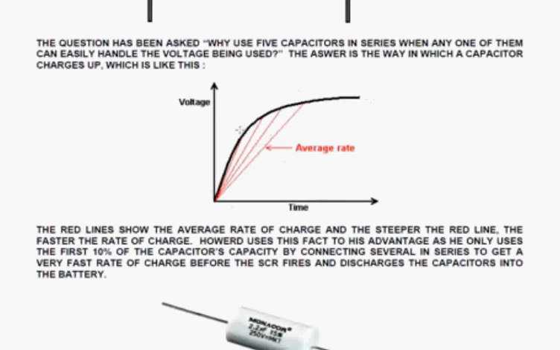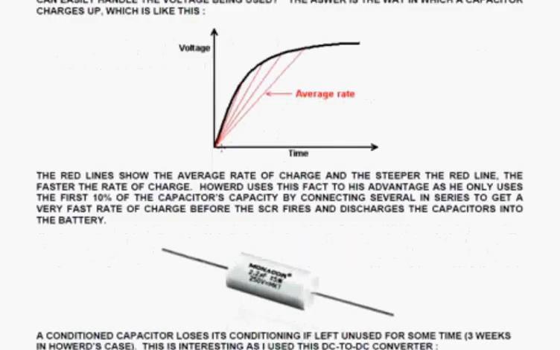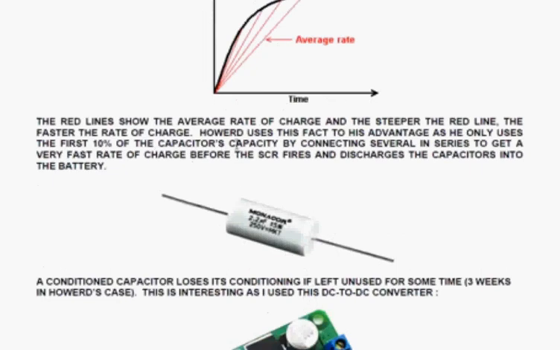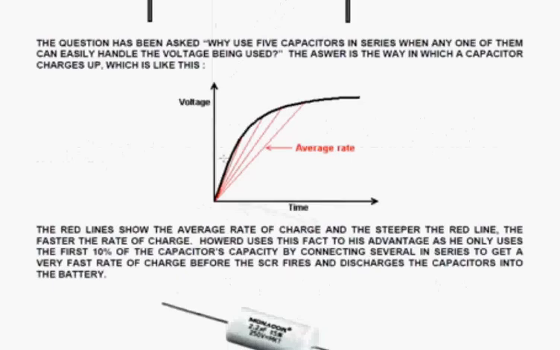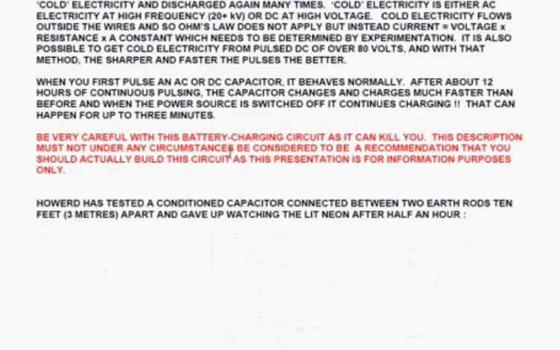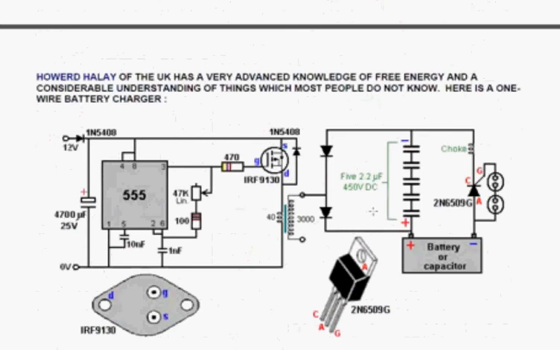So what Howard does is he keeps the charging of his capacitors in the first 10% of the capacitor charge. So he uses 5 high voltage capacitors to get a very fast rise of voltage across this capacitor. And that very fast rise is extremely helpful. It's fed through a choke.